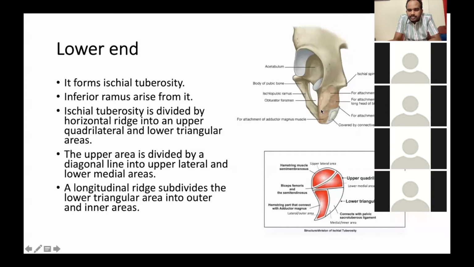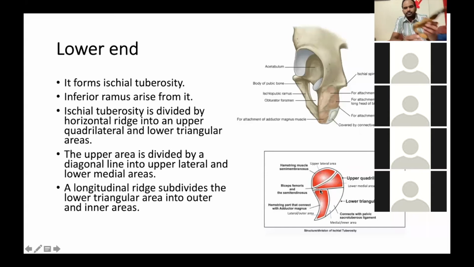Can you see this ridge? This is the horizontal ridge, which is dividing it into the upper quadrilateral area and the lower triangular area.